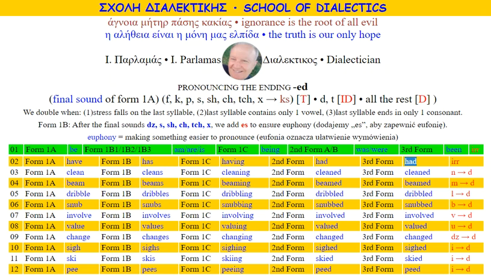So form 1a, 1b and the second form have limited use. Now you see these 3 forms contain the number 1: 1a, 1b, 1c. Why? Because they all are derived from form 1a.